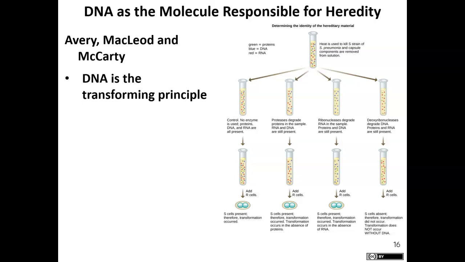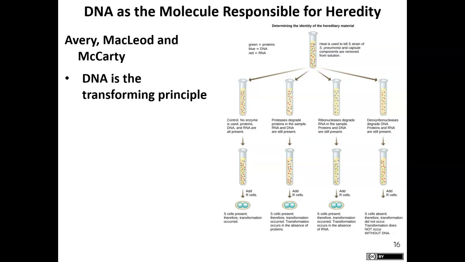They then did the same thing in a second experiment, but in this experiment they added proteases to break down any proteins that were present, and added the dead smooth bacteria and the living rough cells. And again, when they grew the cells, we had smooth Streptococcus pneumoniae.